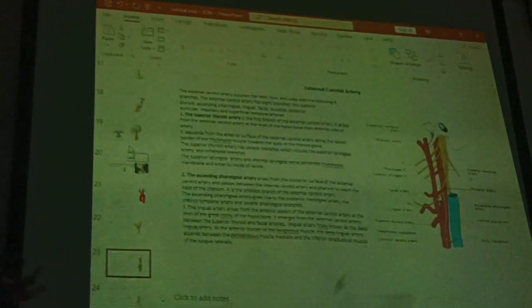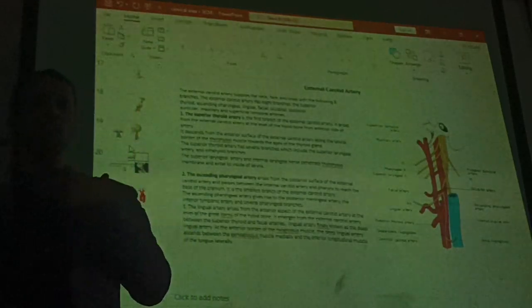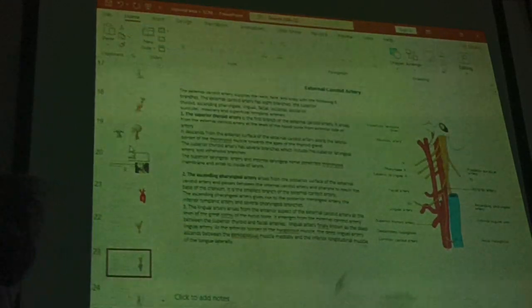The superior thyroidal artery is separated from the external carotid artery below the level of the hyoid bone. Here we have the hyoid bone. Below the hyoid bone, it travels inferiorly to supply the area of the anterior triangle, the muscular triangle, and the thyroid gland.